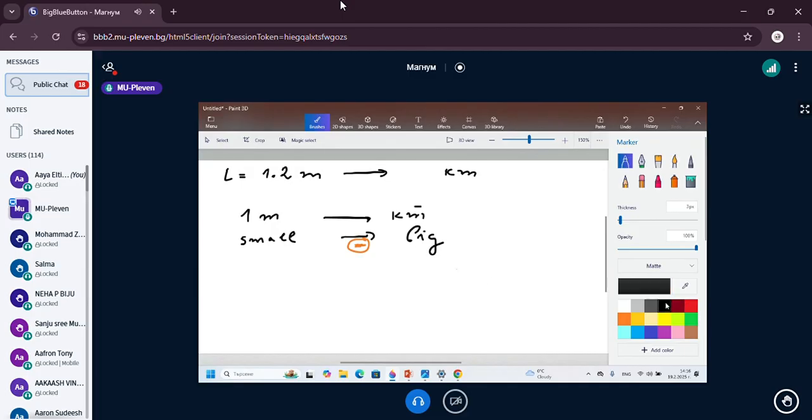So 1 meter is 10 power minus 3 kilometers. Since it is kilometer, not kilogram, mistakes do happen.